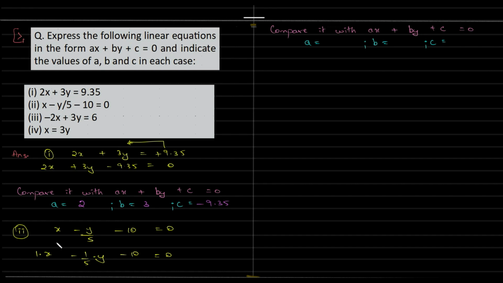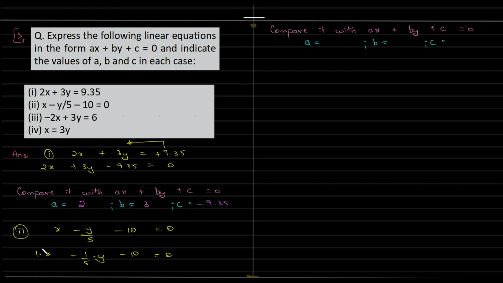Have a look. I just rewrote this, remember, because 1 into x is x itself, and minus 1 by 5 into y is minus y by 5 itself, is it not?